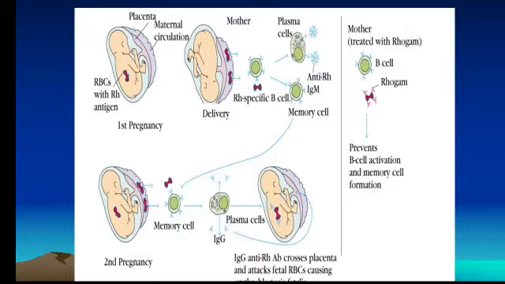This is a diagram showing the mother treated with RhoGAM. The B cell and RhoGAM stick together and prevent the antibodies from attacking the red blood cells of the child, preventing B cell activation and memory cell formation.